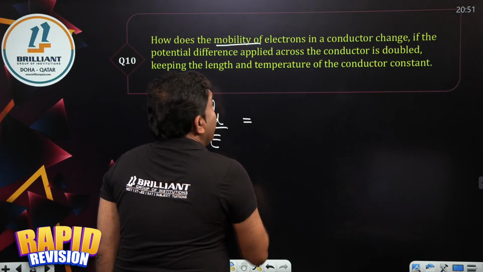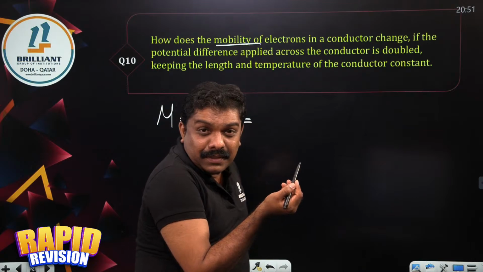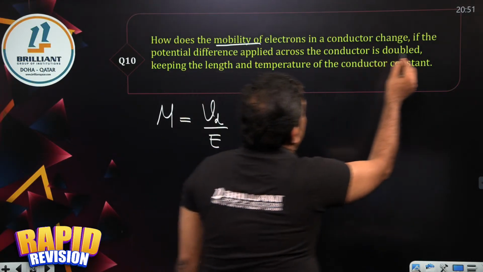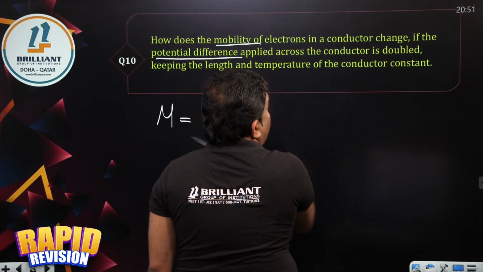And what is the equation for drift velocity? It has many equations. As they are talking about the potential difference, I am ready to write the drift velocity in terms of potential difference.